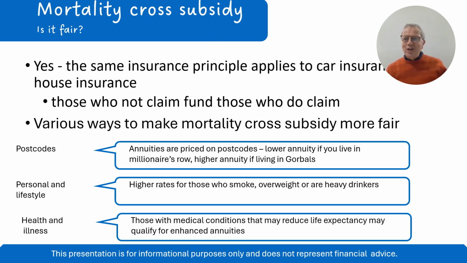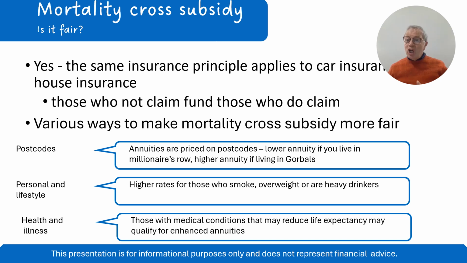Let's look at this mortality cross subsidy in more detail. Is it fair? Well, I've already explained, the principle applies to other types of insurance. But there are various ways to make the mortality cross subsidy more fair.